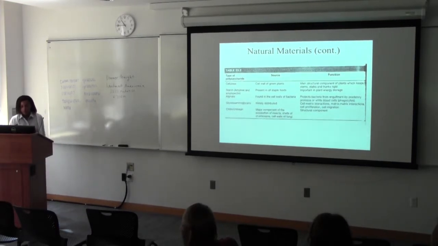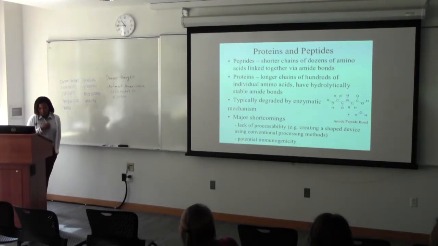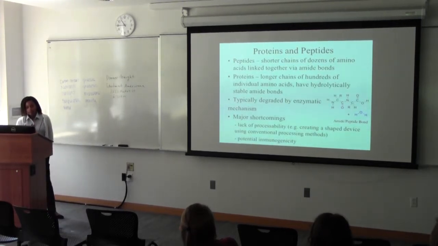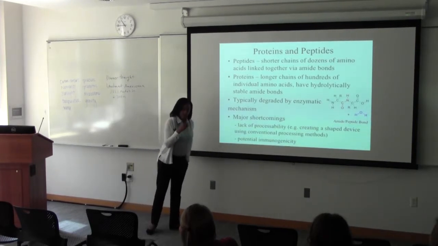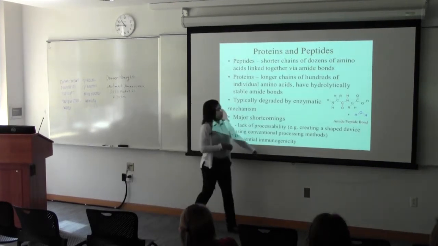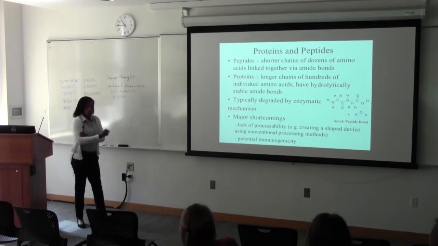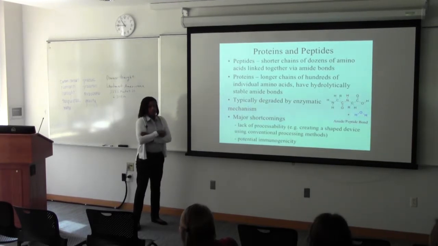So if we start going through some of them, the major ones that I'll talk about, just as a little bit of background with the proteins before I jump into that. When we talk about proteins or peptides, or these peptide bonds, what makes them stable, even in the body, is these peptide bonds, or amide bonds. And all that's great in the body, but when we try to isolate that protein and then process it, that becomes our problem.